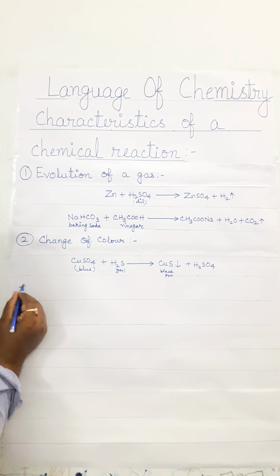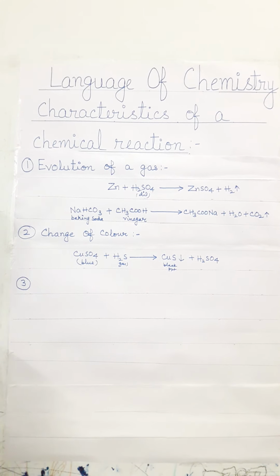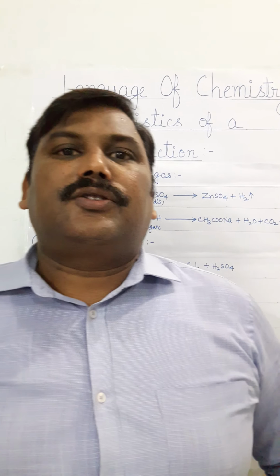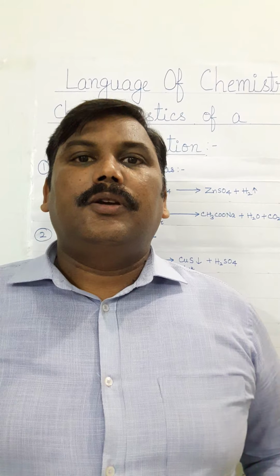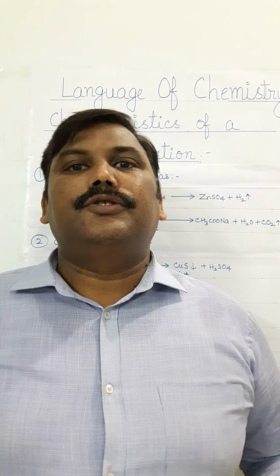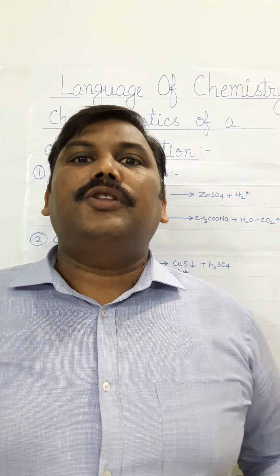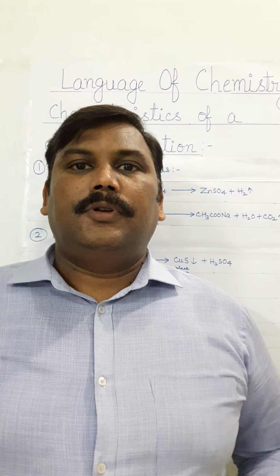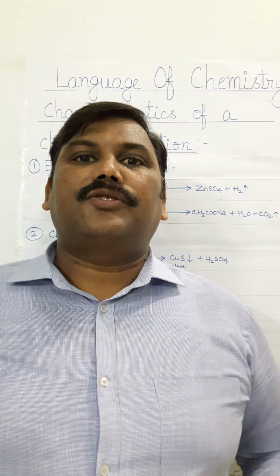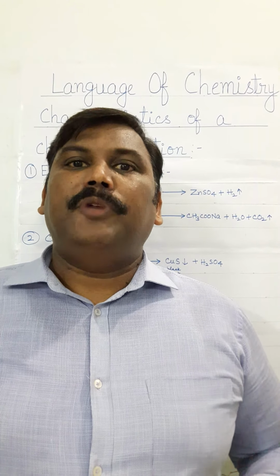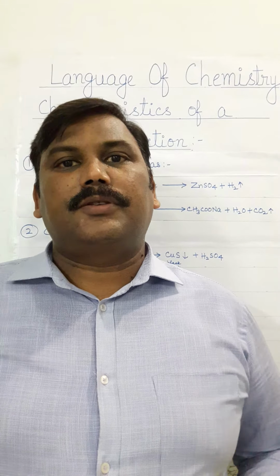Now we will discuss the third characteristic of a chemical reaction. The third characteristic of a chemical reaction is evolution or absorption of energy. If energy in the form of heat or light is absorbed or evolved in any chemical reaction, that means a chemical reaction has taken place.